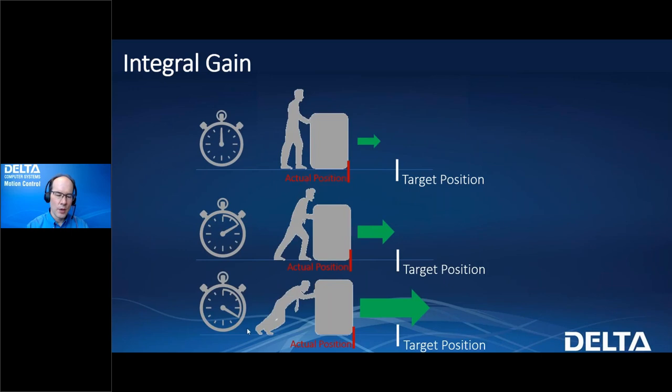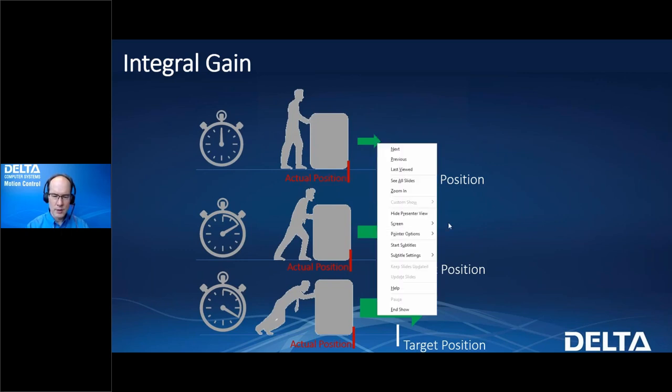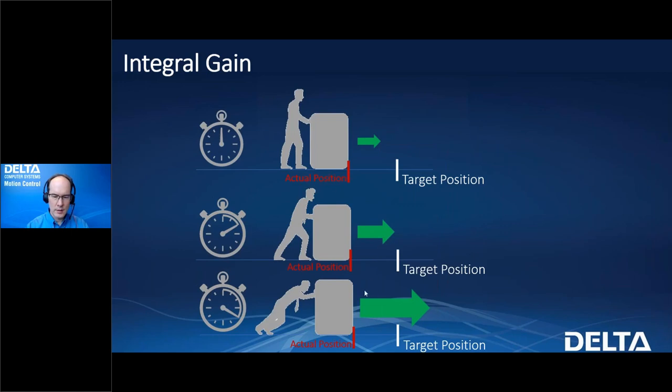And after even more time has passed, we give even more effort to get to the target position. This is also just how you and I would control a system. We start pushing, and if it doesn't go, then we push more. And if it still doesn't go, we push even more. So over time, we push more and more.